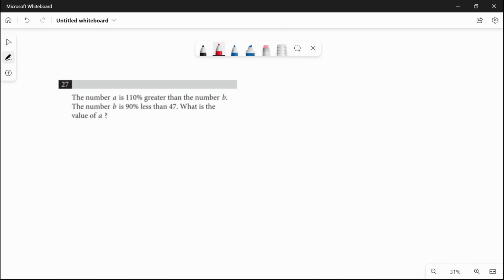Question number 27. The number A is greater than B by 110%. So A is equal to 110% greater than B, which is 2.1 B. Okay? When it's said that a value is greater than another value by a certain percentage, you're going to add that percentage to 100 over 100.